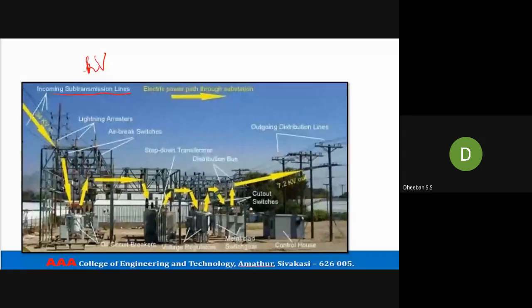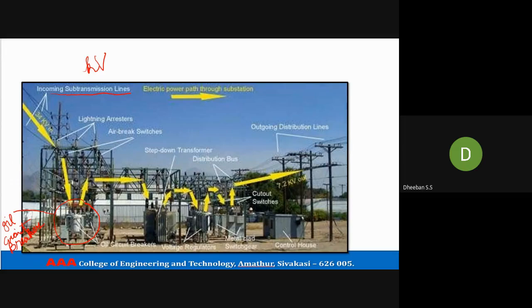Then this structure is for the protection part. In protection and switchgear you will be studying this, it is nothing but the oil circuit breaker. Circuit breakers are used for reducing the fault.